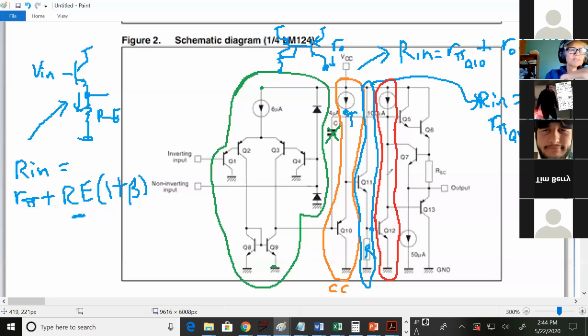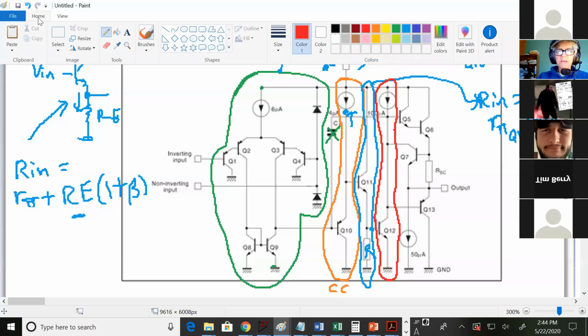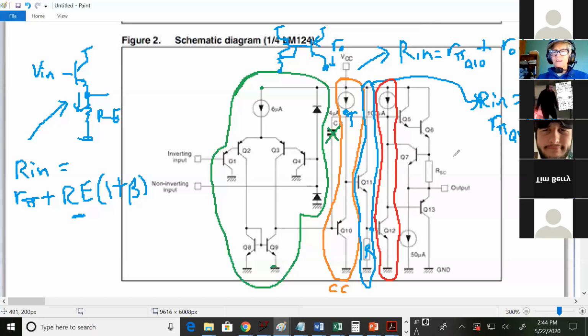Any other? What's your next stage? Oh, pen stopped working again. Okay, we'll make it. What's a good color? Purple. Okay. Last stage, probably an output stage. So what transistors make up the output stage?